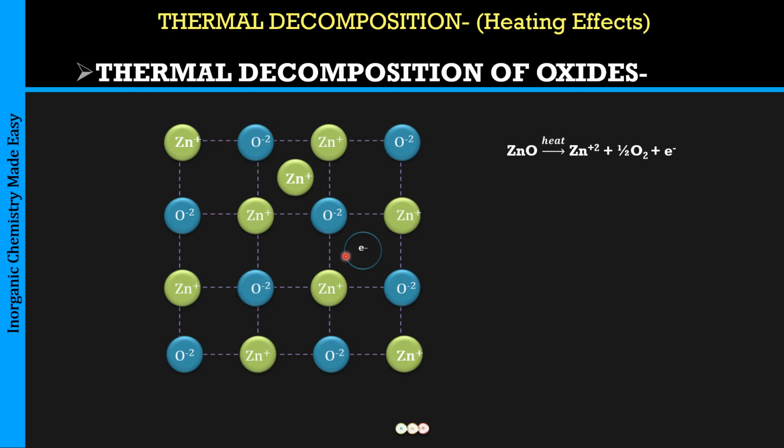I repeat once again that when we heat zinc oxide, there is a loss of a little bit of oxygen. What is left behind is zinc ions for that much amount of oxygen, and along with that, electrons. These excess zinc ions get entrapped in the interstitial site, and along with that the electrons also go into the interstitial site.